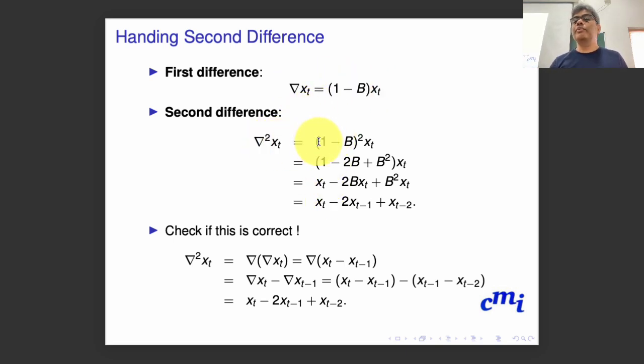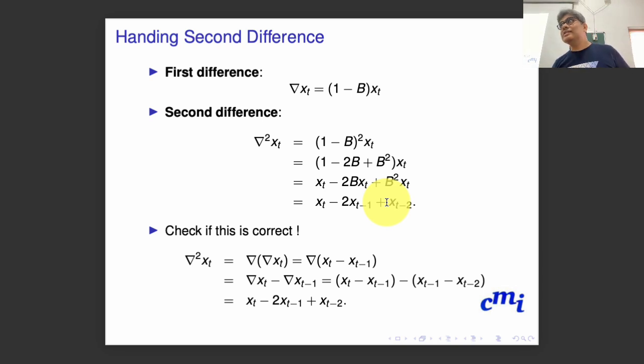Now the second difference operator, Nabla squared xt, you can write as (1 minus B) whole squared of xt. Applying your algebra gives 1 minus 2B plus B squared, and removing the parenthesis, what you get at the end is xt minus 2xt minus 1 plus xt minus 2.